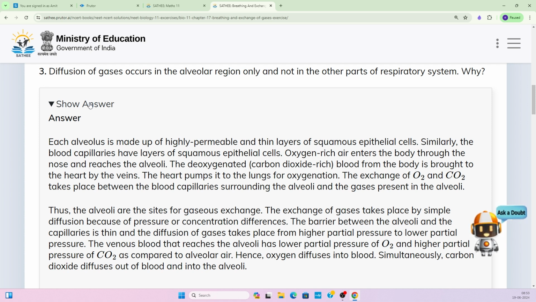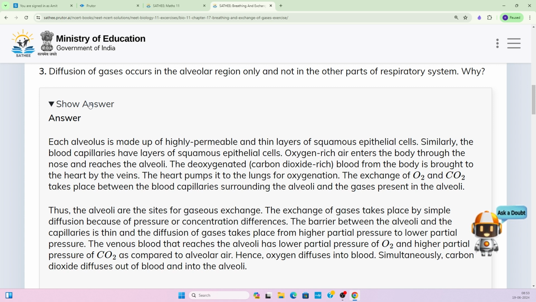The venous blood that reaches the alveoli has a lower partial pressure of O2 and a higher partial pressure of CO2 as compared to the alveolar air. They are talking about the blood capillaries here, right?